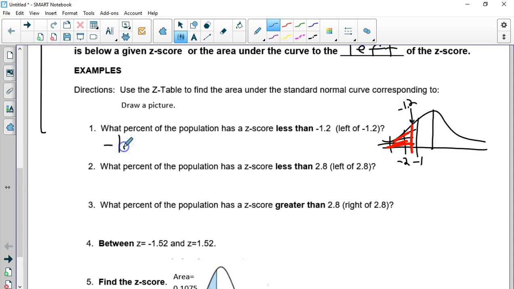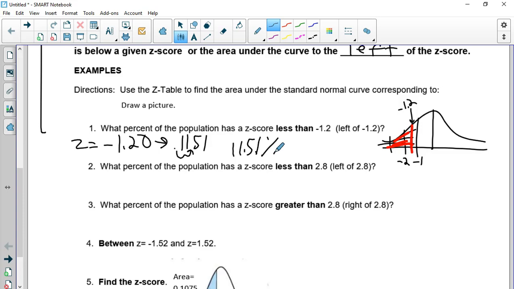So -1.20, a z-score of that, has an area of 0.1151. Well, that works out to 11.51%. So about 11.5% would be below -1.2.